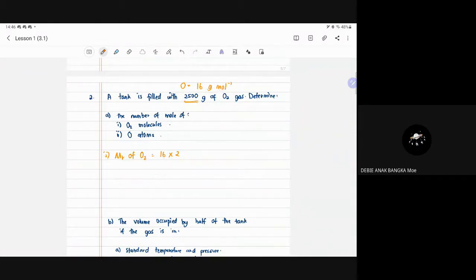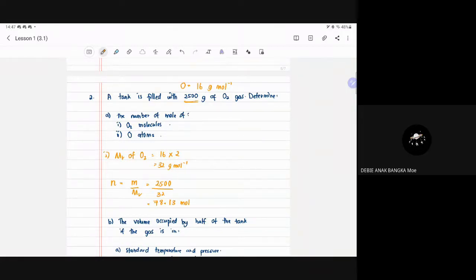So it is 32 grams per mole. So now you want to find the number of mole. So number of mole N is equals to M over MR, mass over molar mass. So this is equals to 2500 divided by 32. And you will get 78.13 mole.